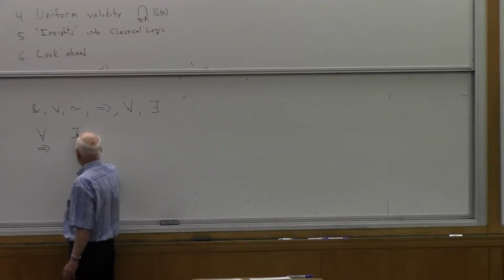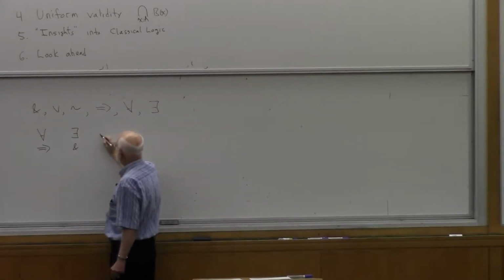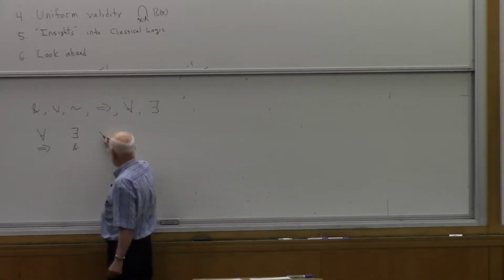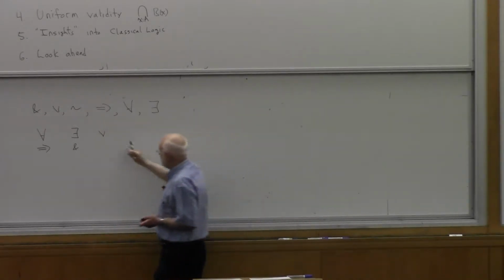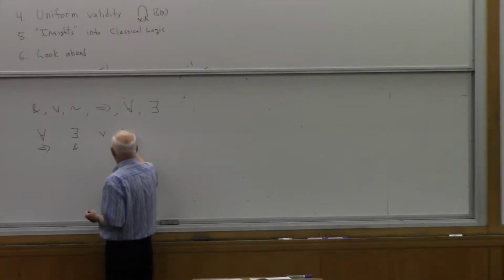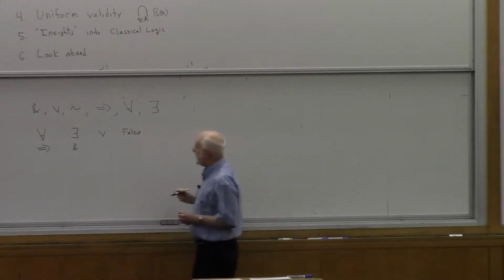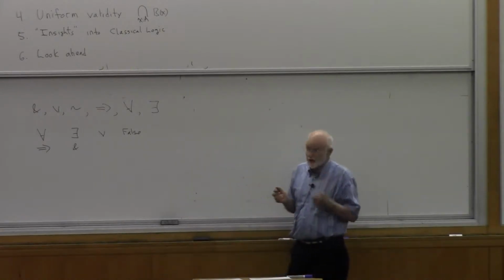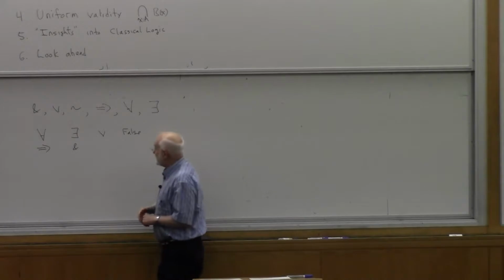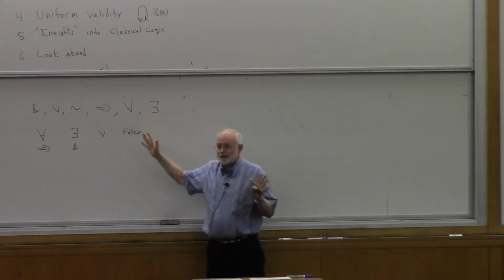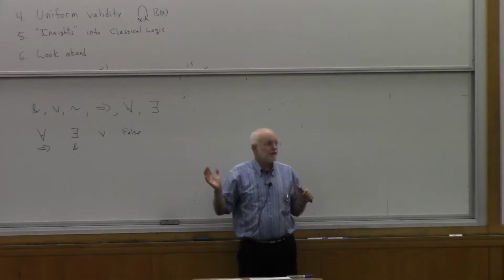And if I use the existential, I'm going to get and. So you really need just these two guys and or. And you'll need some way of expressing not, and we have the void type, or false. So those are the standard logical types. And I'm assuming we all know these cold now, right? You've seen this.